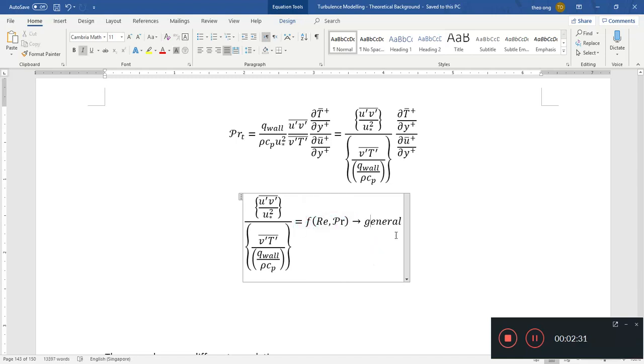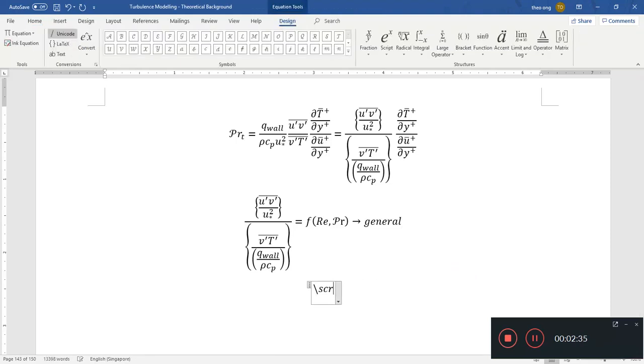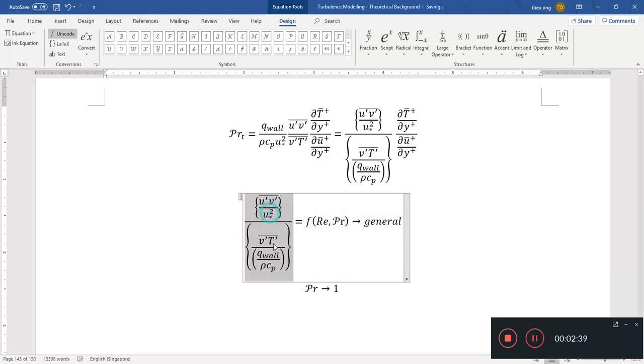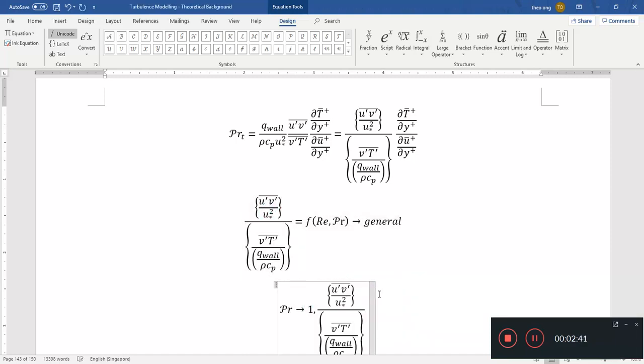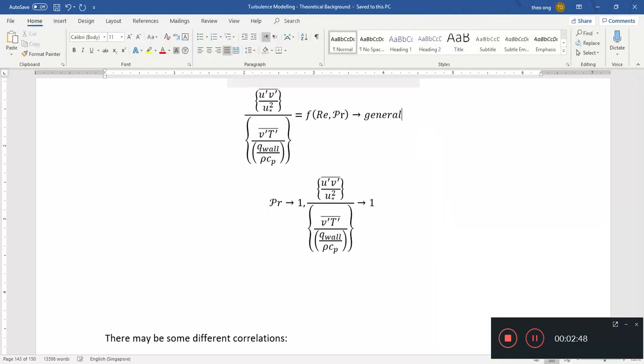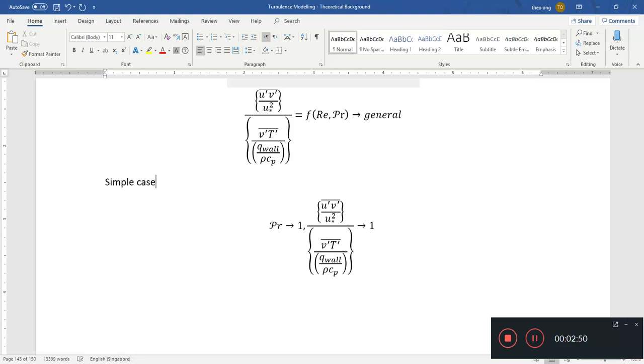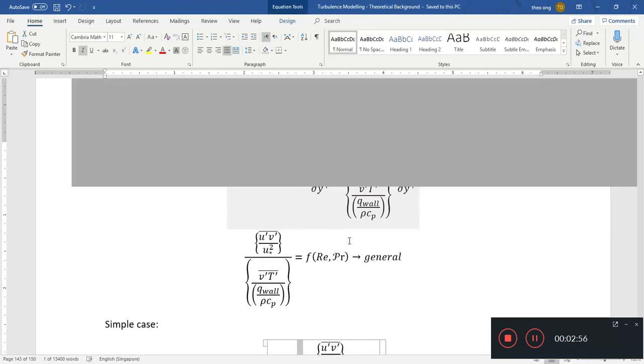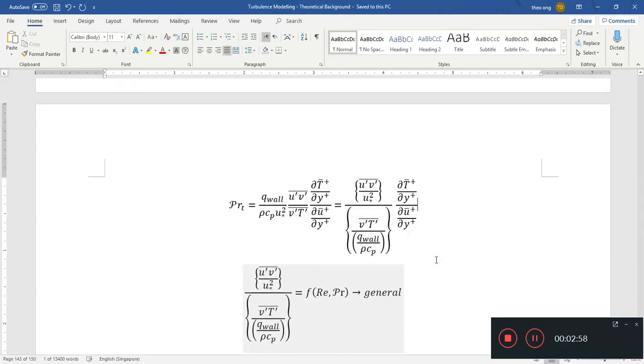But for Prandtl number equal to 1, this whole quantity actually goes to 1 as well. So that's a simple case. For fluids with Prandtl number around 1, you can make this assumption, and it makes the problem a lot easier.